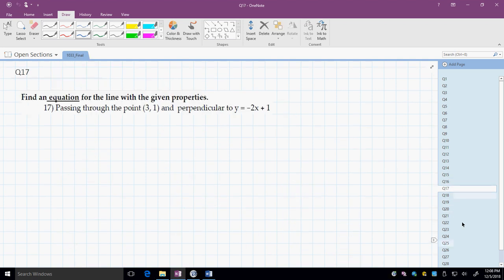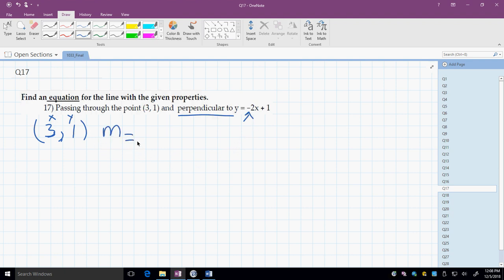Number 17. Find the equation of the line with the given properties. So we have a point, which is (3, 1), x and y, perpendicular to the line with slope negative 2. When they're talking about perpendicular, that means we also use the slope, but it's going to be the opposite.